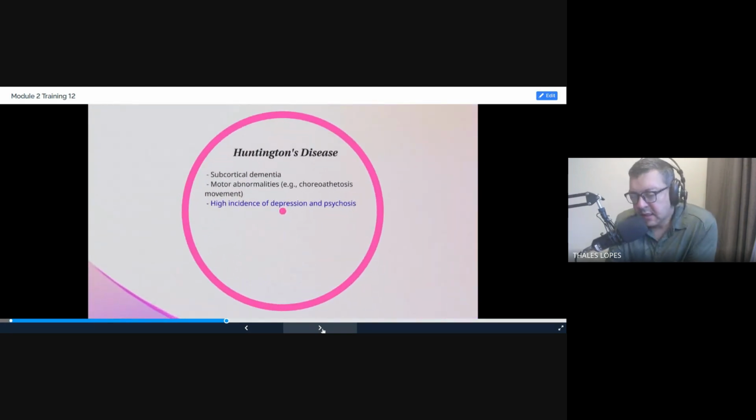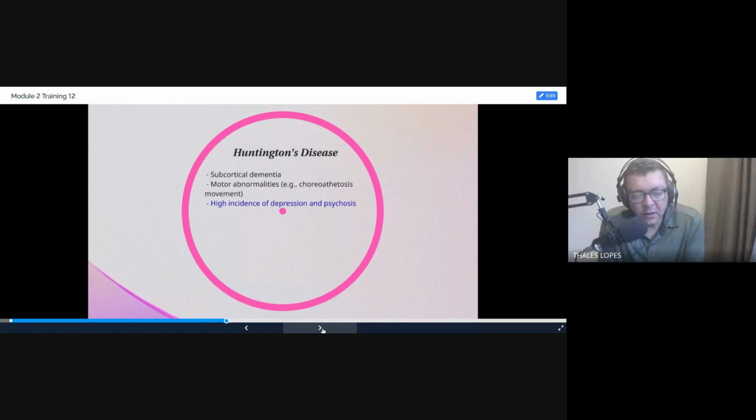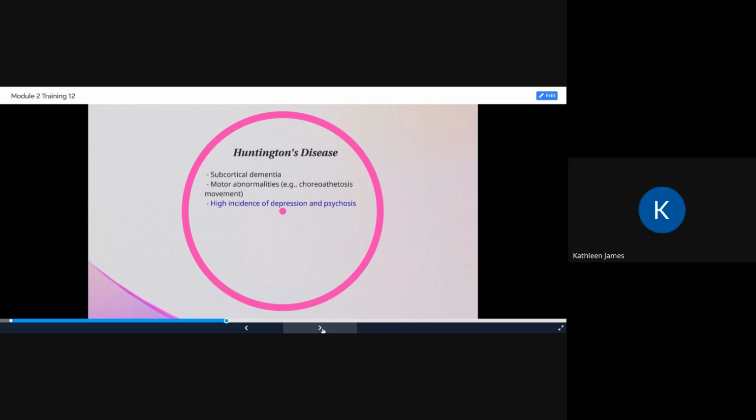Huntington's disease, does it fall under cortical or subcortical? Subcortical. Okay, subcortical, right? So for subcortical, what are the two words that we said? Movement, motor, and depression.